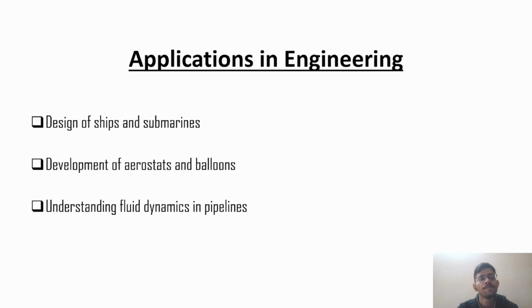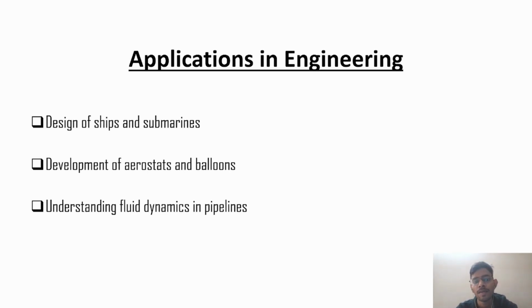Now in this slide we will see the applications in engineering. What are the applications of the Archimedes principle and buoyancy in engineering? There are different types of application. First is the design of ships and submarines, then the development of aerostats and balloons, and understanding fluid dynamics in pipelines. There are many example applications of buoyancy and the Archimedes principle in engineering.